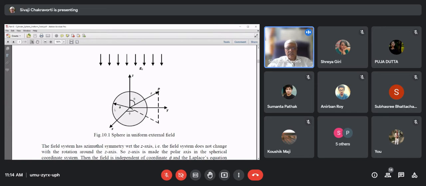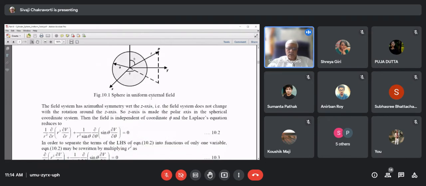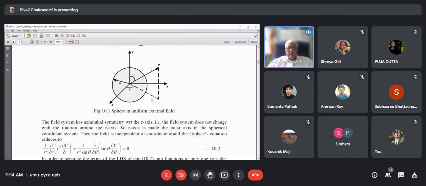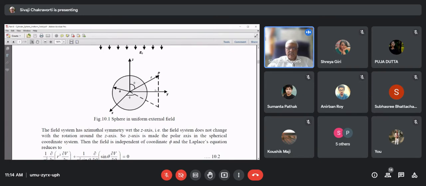For example, first of all, we will see that in this case, if you rotate r around the z-axis, that means when phi is varying from 0 to 2 pi, you can see that the entire configuration remains same for every value of phi. There will be no change in the configuration.